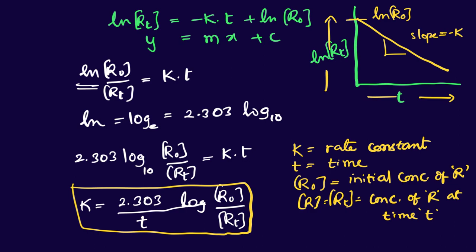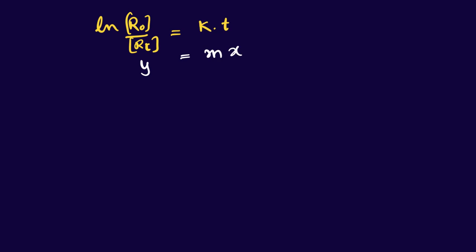This is the final equation. Based on this equation, we have another graph. ln R naught by R at T time is equal to K into T. Then we have y is equal to mx.